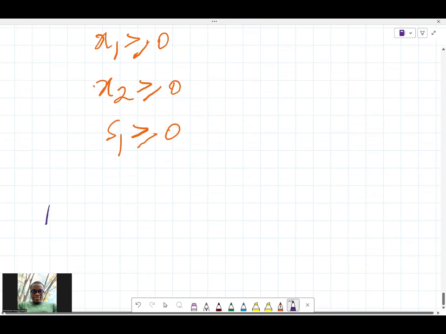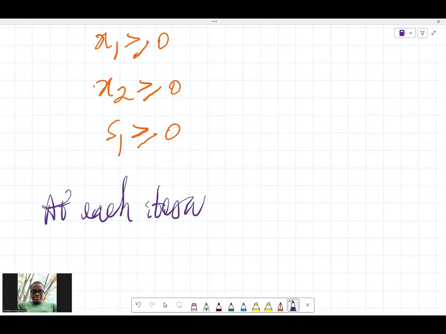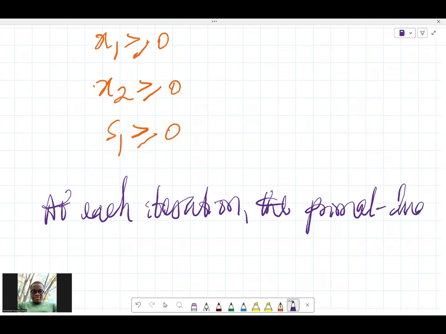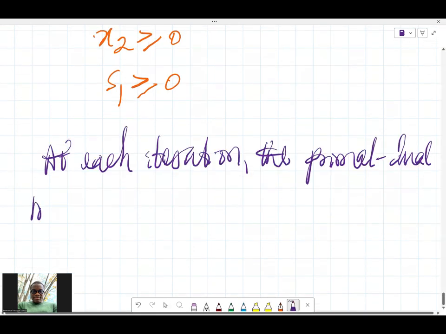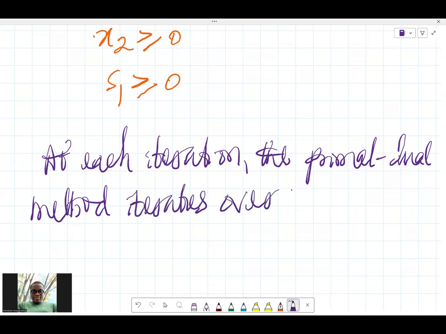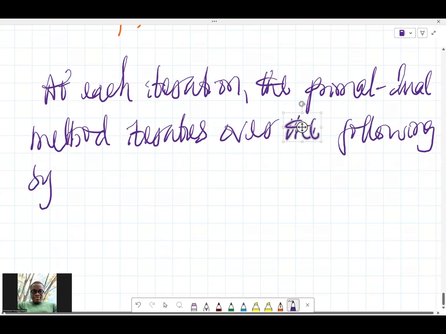So at each iteration, the primal dual method iterates over the following system of equations.